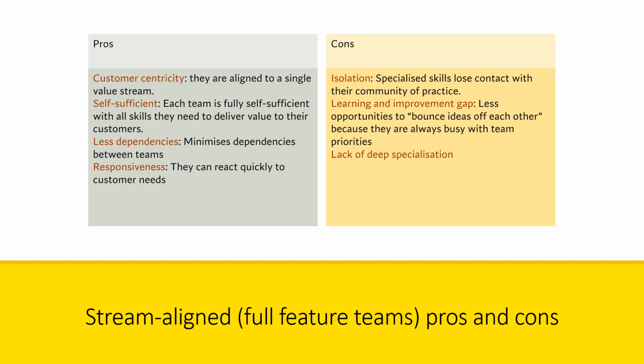On the con side, or in disadvantages, they are isolated, right? A lot of these resources, if we go back to the team structure, are highly skilled individuals who specialize in a particular discipline.